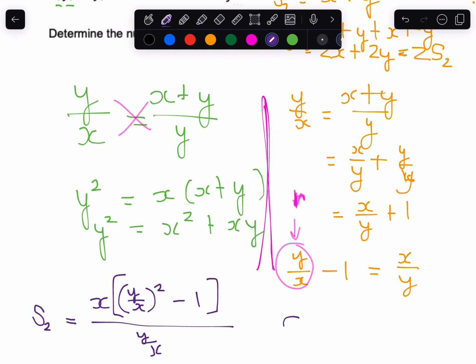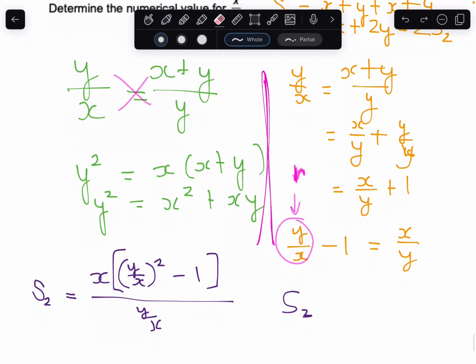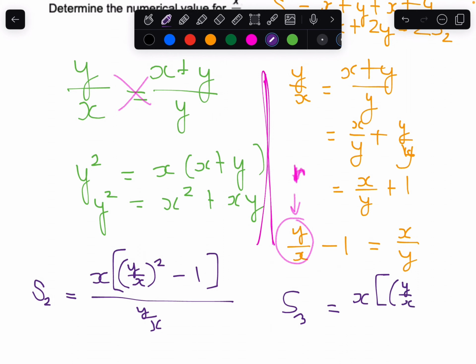And the S3 is, again, x is our a, y over x is our r, and divided by y over x.